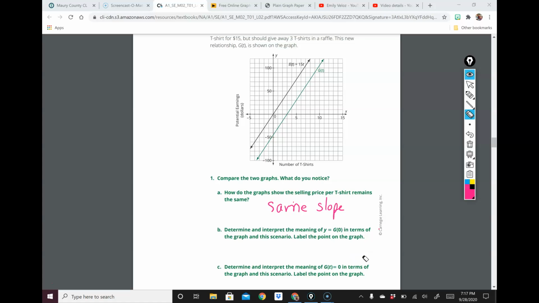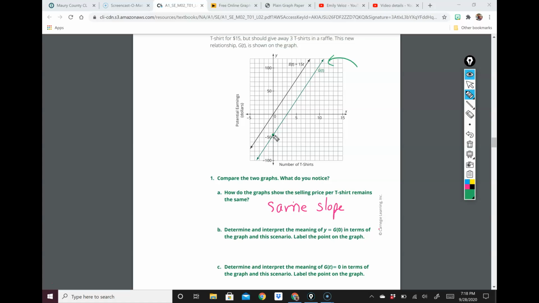For part B, it says, determine and interpret the meaning of y equals g of 0 in terms of the graph in this scenario. Label the point on the graph. So if we look at this green line, and we look at where 0 is on the x-axis, we can see it's somewhere down there.